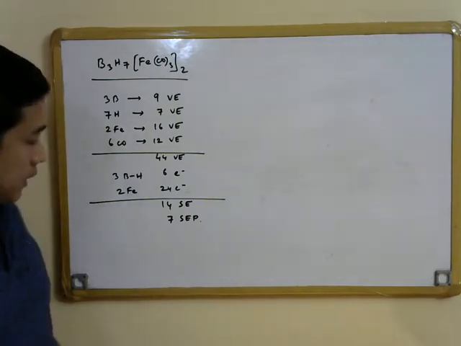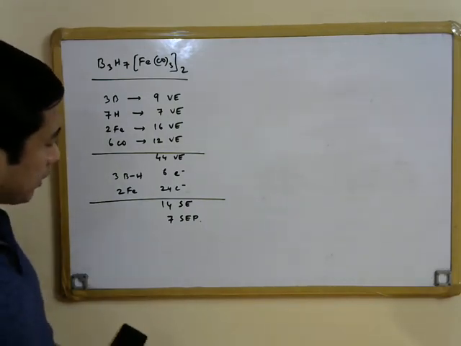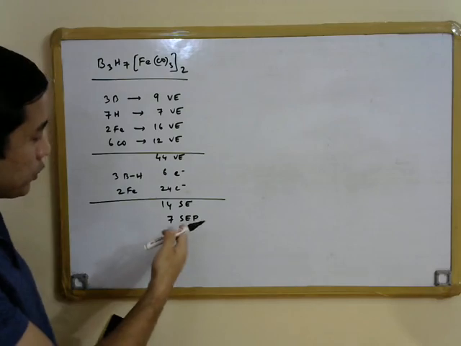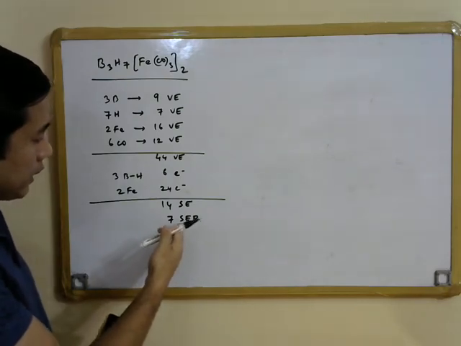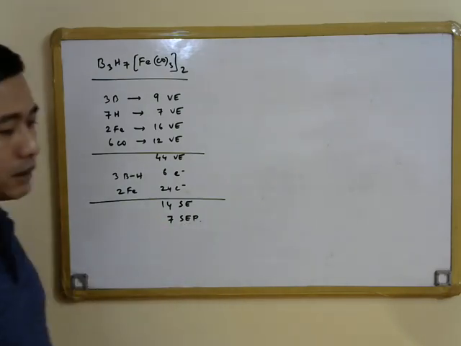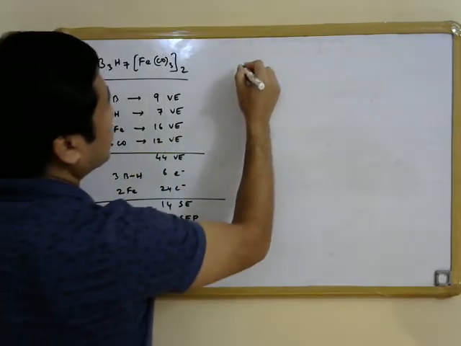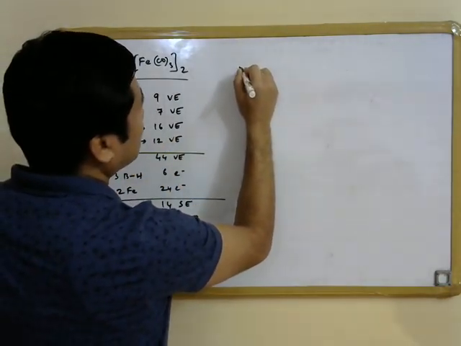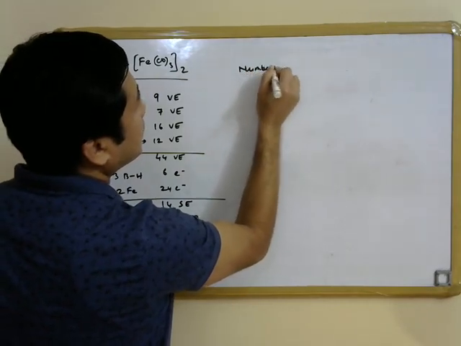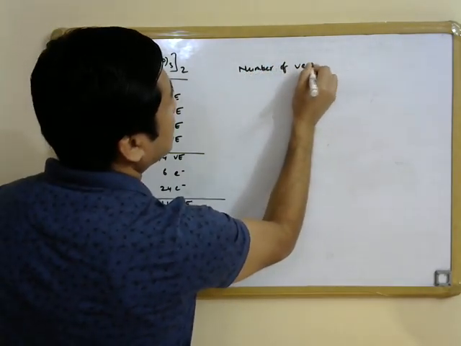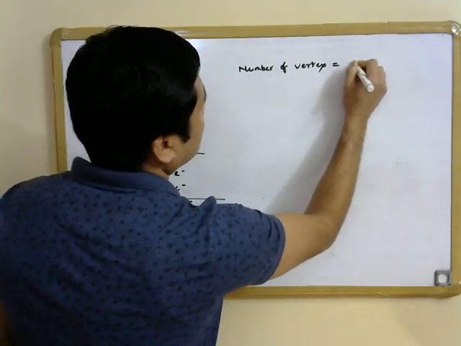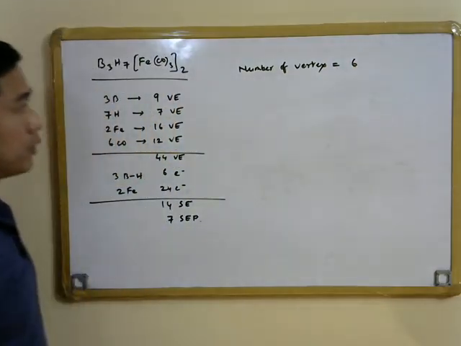Here n must be equal to 6, and only then will we have these 7 skeletal electron pairs present in this cluster. So the number of vertices we obtain is going to be equal to 6.